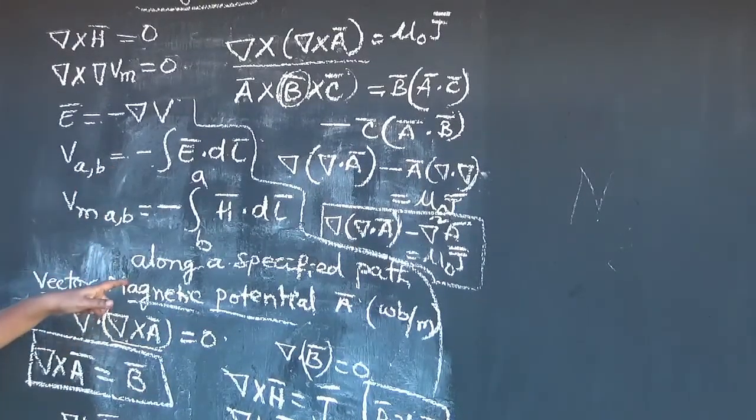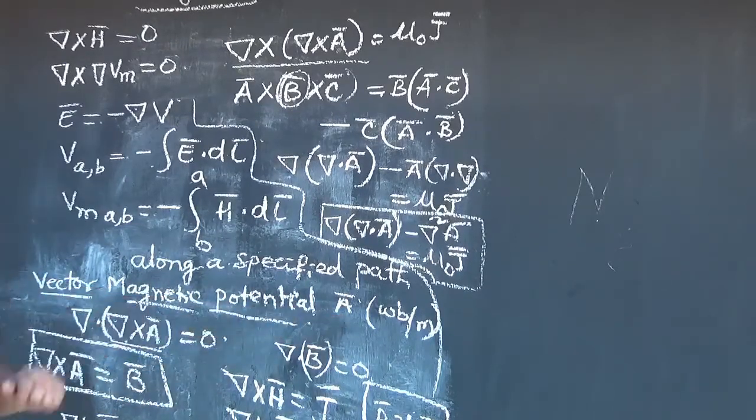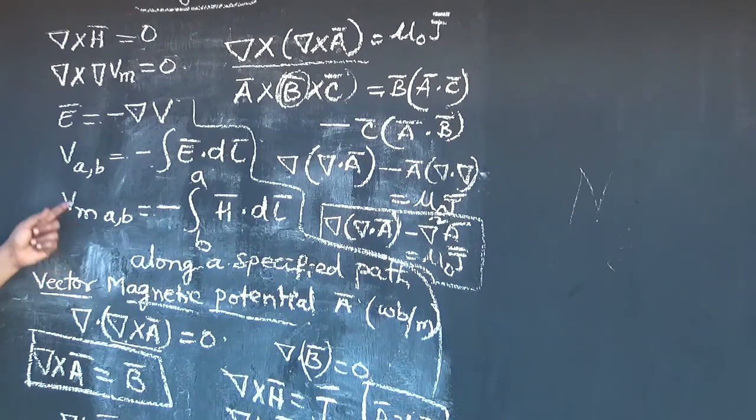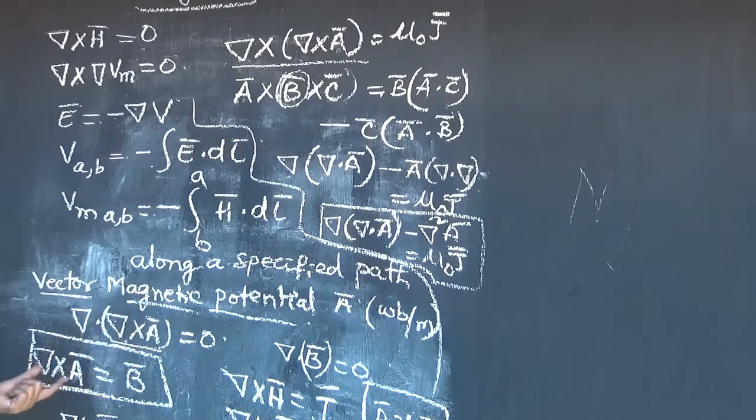Scalar potential is Vm and vector potential is represented with A bar, which has a unit of Weber per meter. Scalar potential Vm is identified with a curl identity del cross del Vm is equal to 0. And vector magnetic potential is identified with a curl identity del dot del cross A bar is equal to 0. So with this we will conclude magnetic potentials.